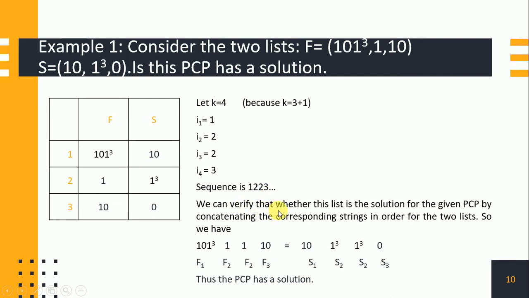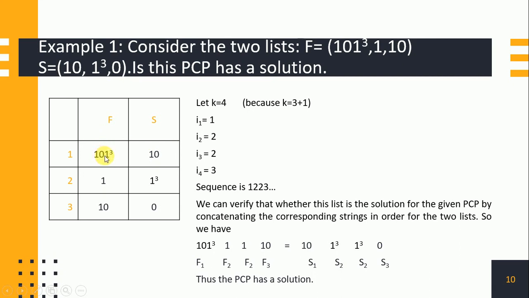So we can verify whether this list is the solution for the given PCP by concatenating the corresponding strings in order for the two lists. First of all, i1 is equal to 1, which means you have to use F1 and S1 at the first position. That is, you need to use this domino.